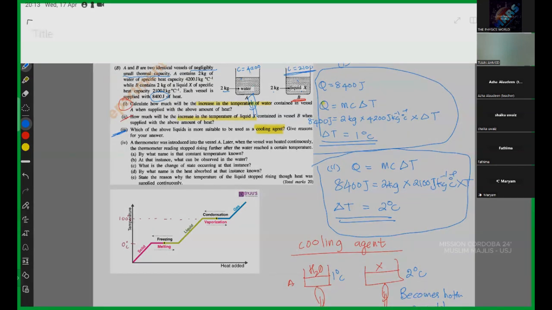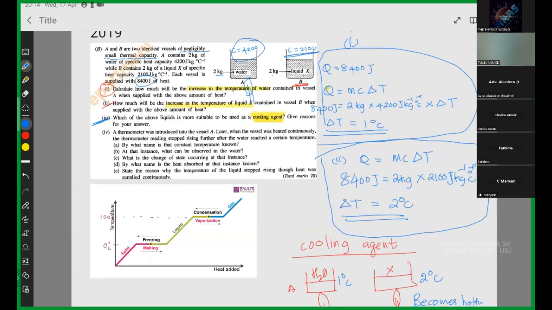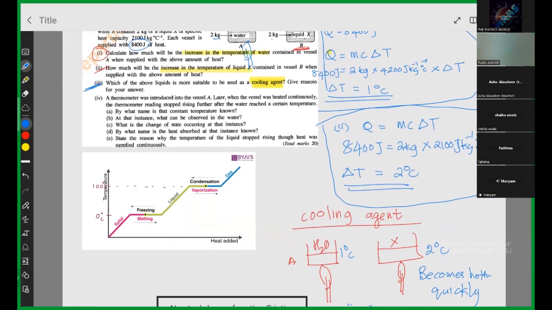The specific heat capacity of water is 4,200. So it is having a greater specific heat capacity than the liquid X. Therefore, a good cooling agent can be considered as water when you compare with that of X. Did you understand the question that I have explained now? The third one.